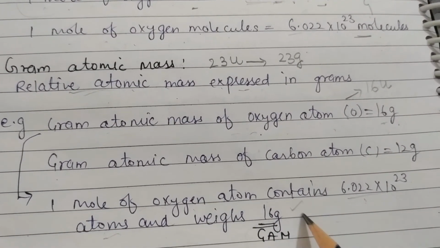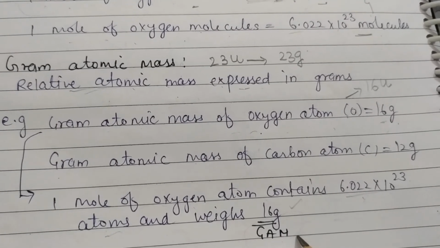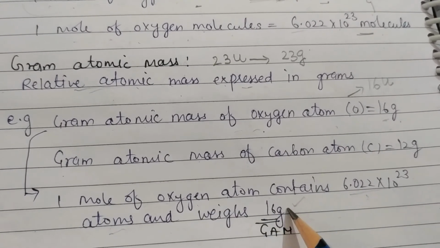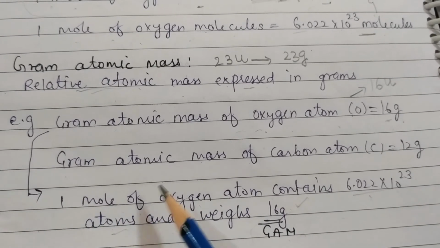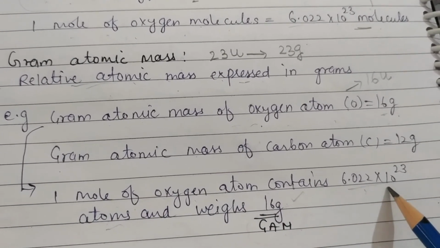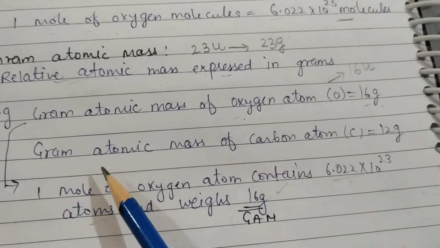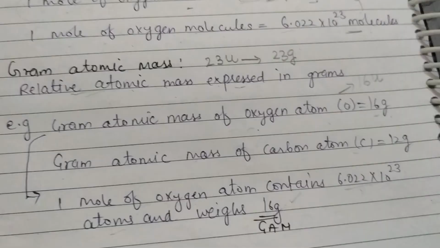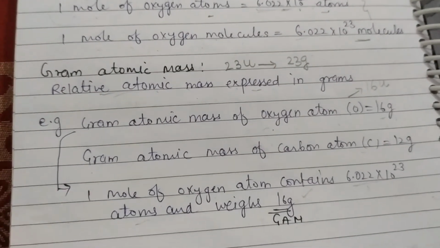So 16 gram is the gram atomic mass of oxygen, which is equal to 1 mole, and that contains 6.022 into 10 raised to power 23 atoms. Likewise, the gram atomic mass of carbon. I hope this is understood by you.